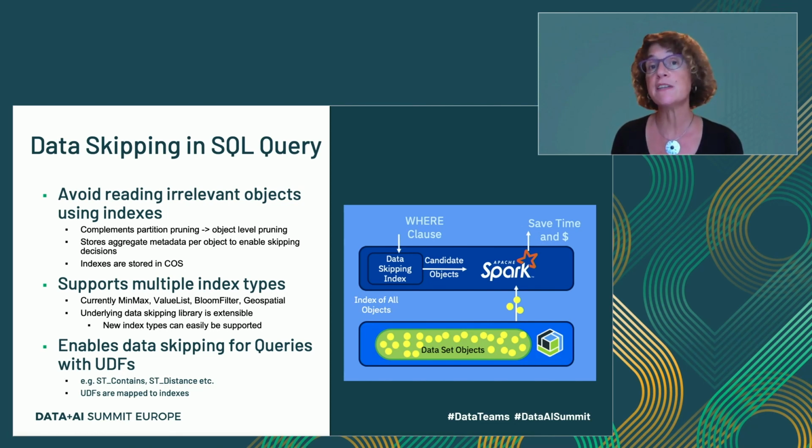Under the hood, we have an extensible way to map UDFs to index types, and this is picked up by Spark's Catalyst Optimizer. This goes beyond alternative approaches for data skipping, which are typically based only on min-max and sometimes Bloom filter, and do not support UDFs.